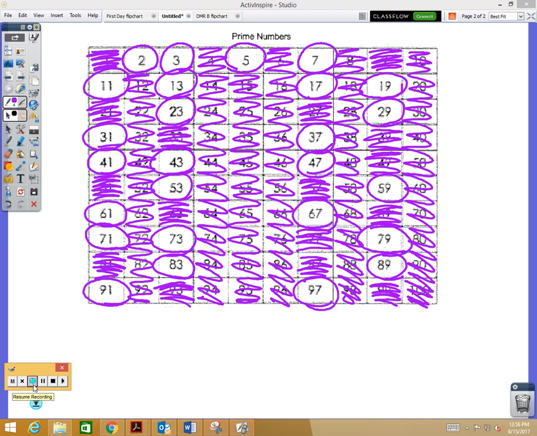So now that we know the prime numbers all the way up to 97, we're going to be able to do prime factorization, because prime factorization is writing prime numbers that you can multiply together to get another number, okay? And let me show you what I mean, and then I'll teach you how to do it.